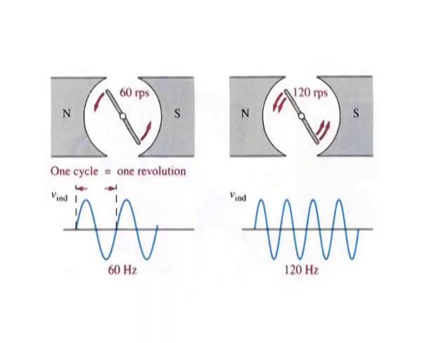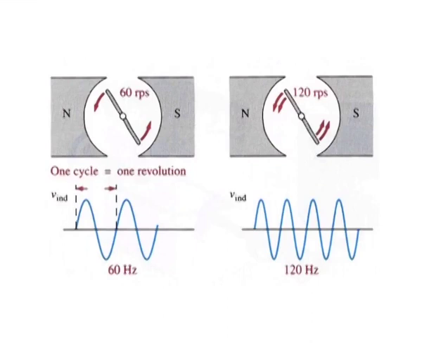For example, if the conductor completes 60 revolutions in 1 second, the period of the resulting sine wave is 1/60 seconds, corresponding to a frequency of 60 hertz. Thus, the faster the conductor rotates, the higher the resulting frequency of the induced voltage, as illustrated in the figure.